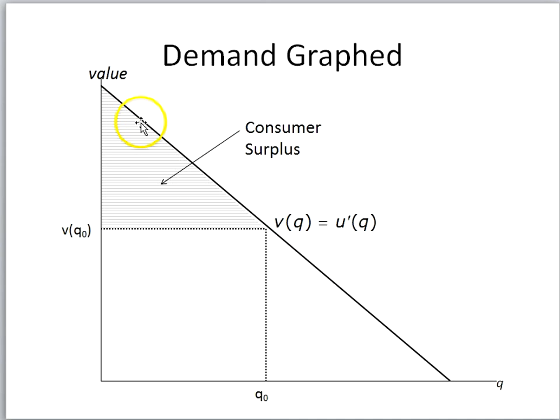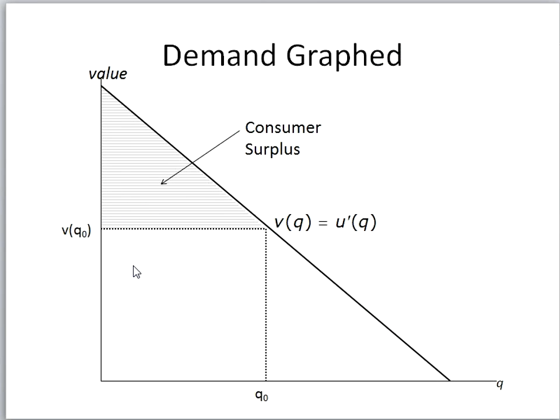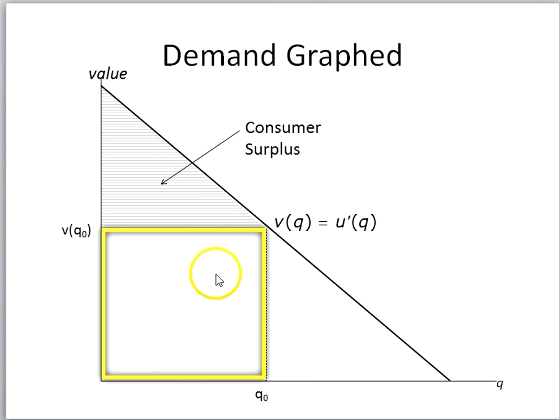So the benefit for the consumer is this triangle here, the shaded area, and that shaded area is of course the total amount of benefit for the consumer. The total transaction cost is the number of units times the price. So the rectangle enclosed by these two extremes and the origin would represent the transaction area.